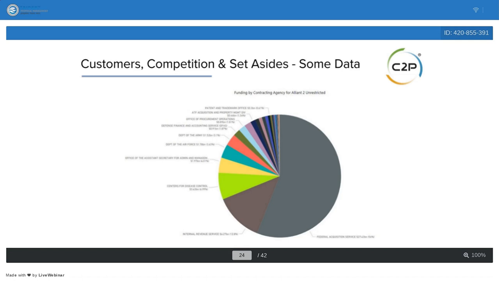So we see that Federal Acquisition Service is a big customer here, IRS as well, and Centers for Disease Control is actually still high up there. So you get a better picture of who the contracting agencies will be by looking at the data, both by the NAICS code pool and by the semi-incumbent, I guess we can say, of Alliant 2.